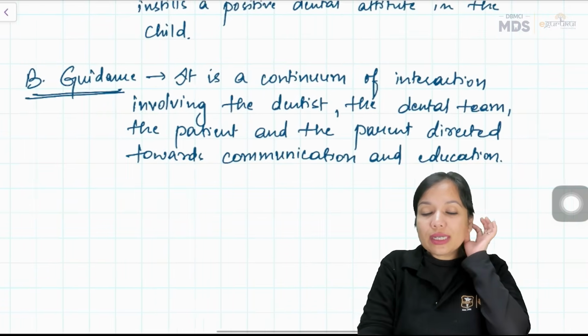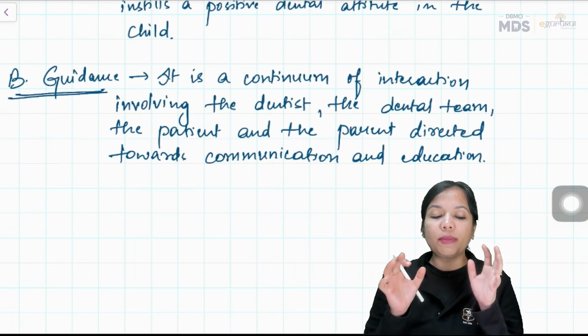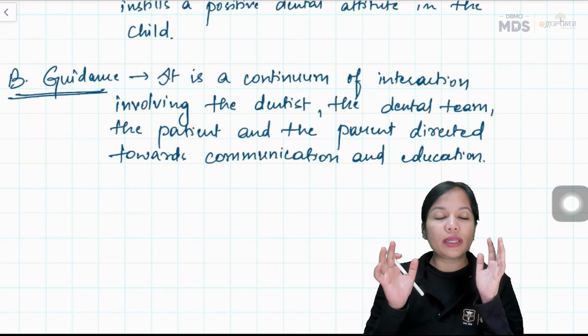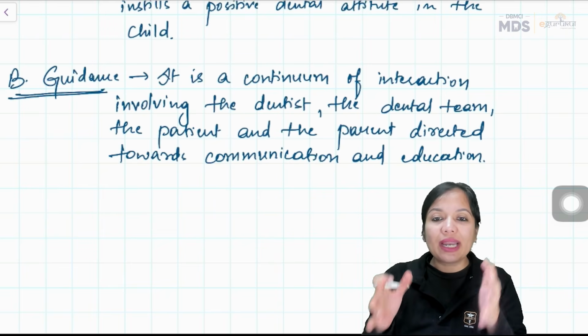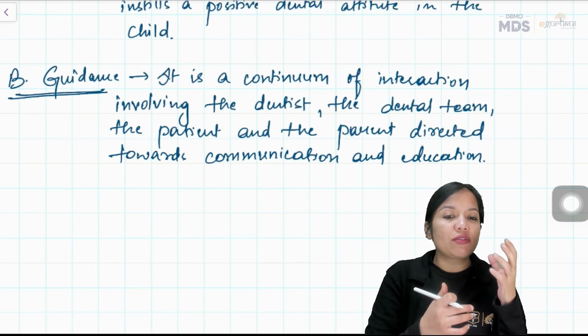So this is the continuum of interaction. That means behavior guidance does not end in a single sitting. It is like guidance, like how you guide the behavior. You first instill a positive attitude in the child.